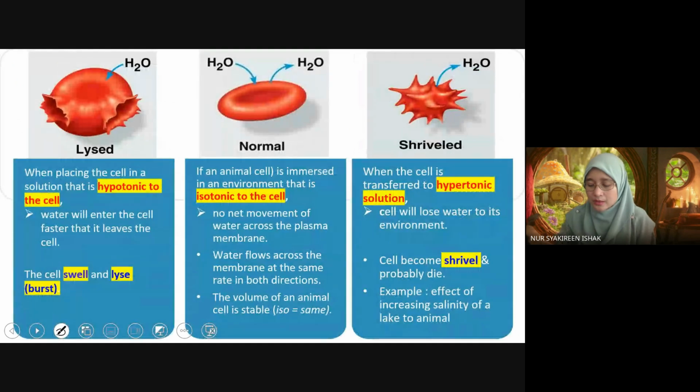This one gives you the condition of animal cells, in this case red blood cells, when you immerse them in the three different types of solution. The red blood cell will lyse if you immerse it in a hypotonic solution.